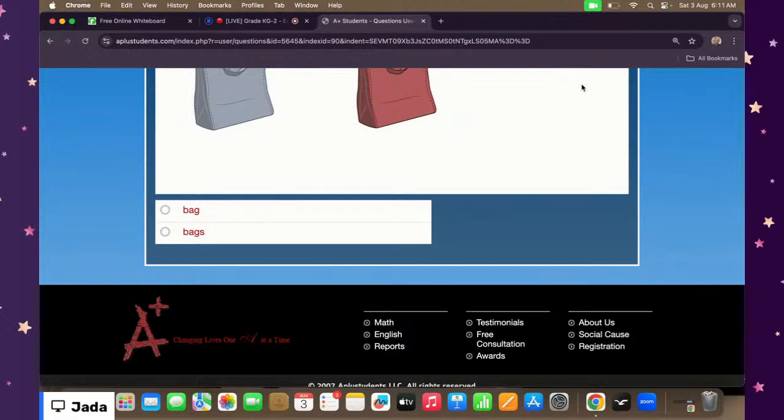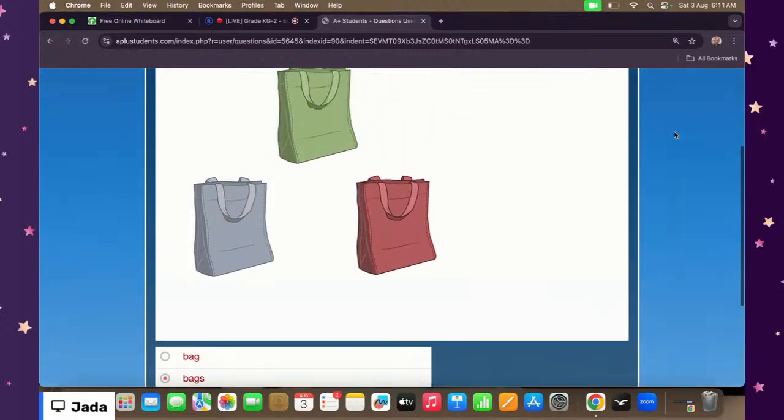So is it option 1 or option 2? Make sure that you send your answers on the chat, okay? So this is bags because it is plural.